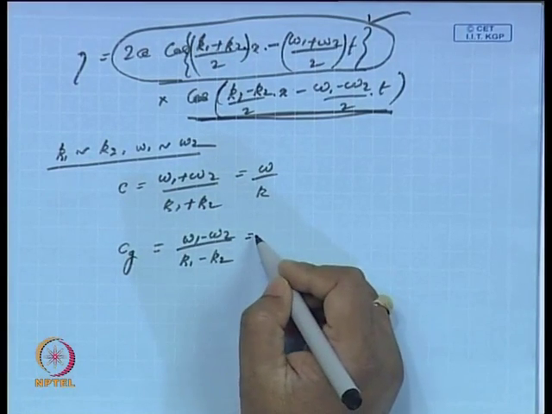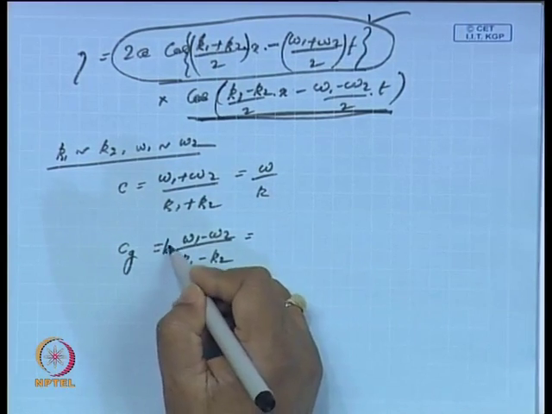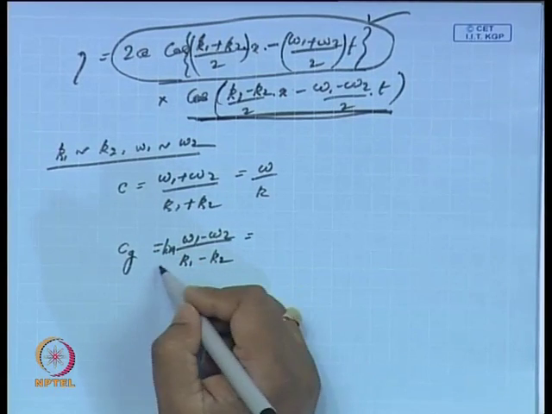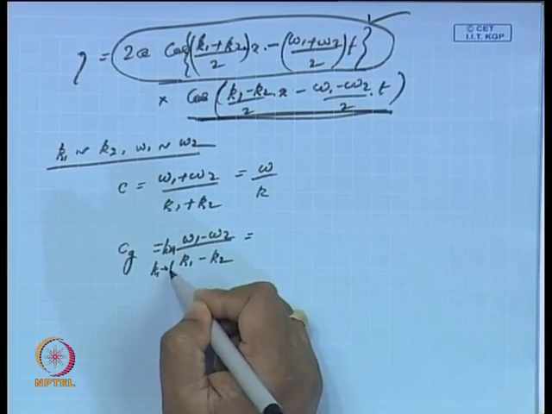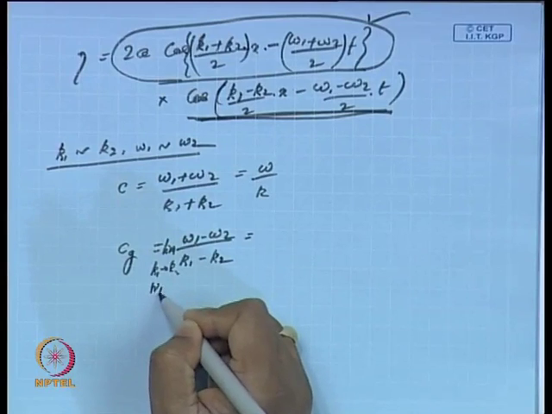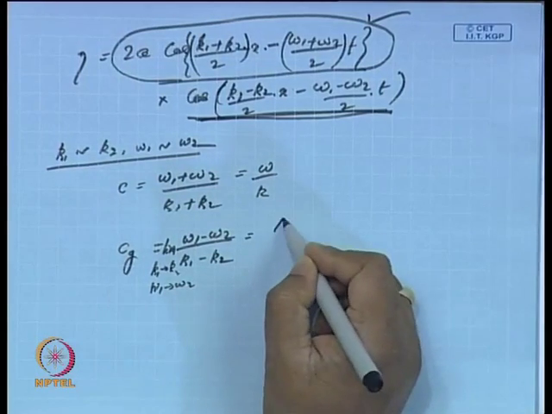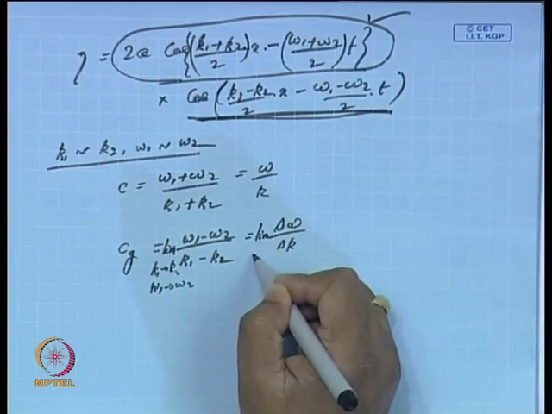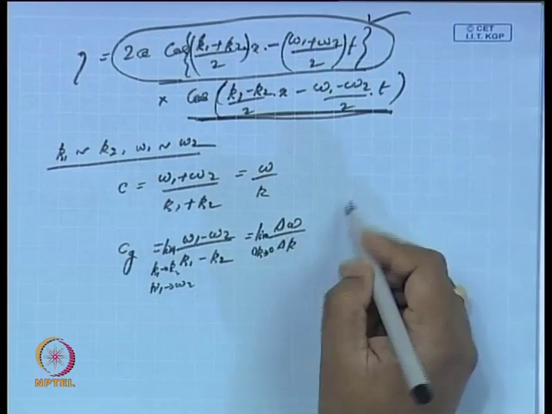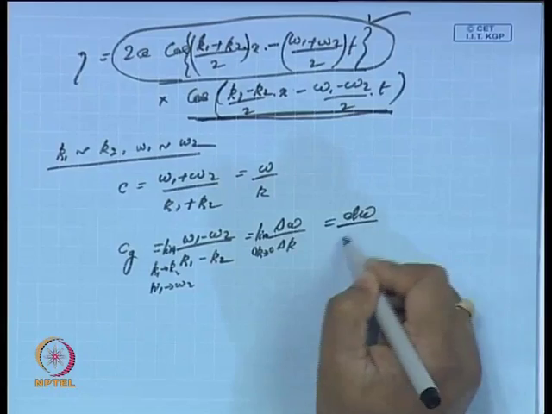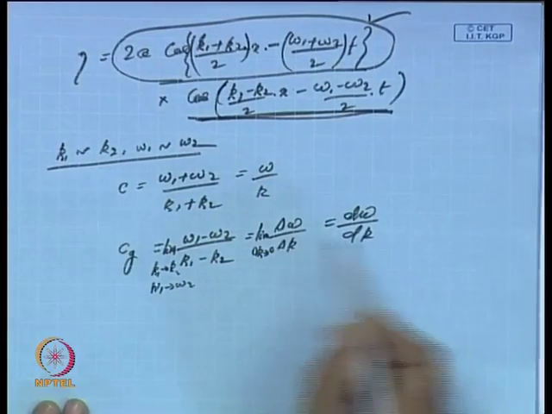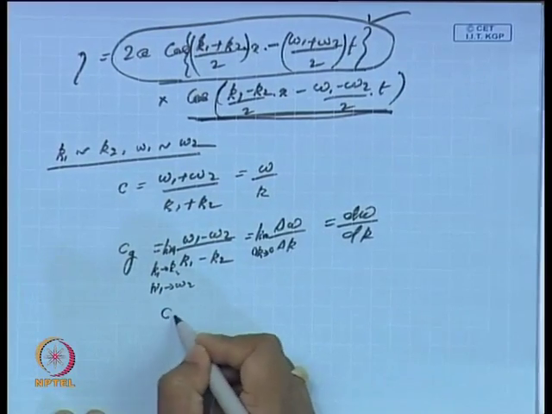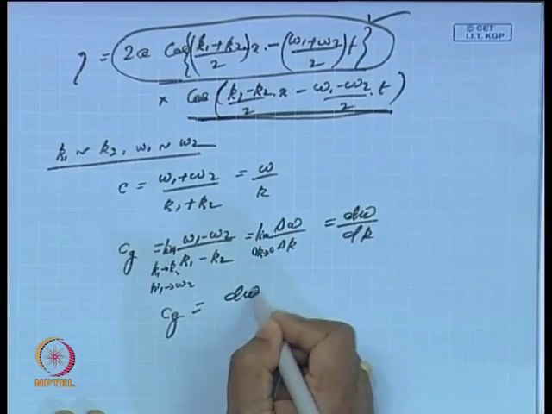If I take the limit where k 1 tends to k 2 and omega 1 tends to omega 2, that will give you del omega by del k. In the limit del k tends to 0, that gives me d omega by dk, and this I call C g. So my C g is nothing but d omega by dk.